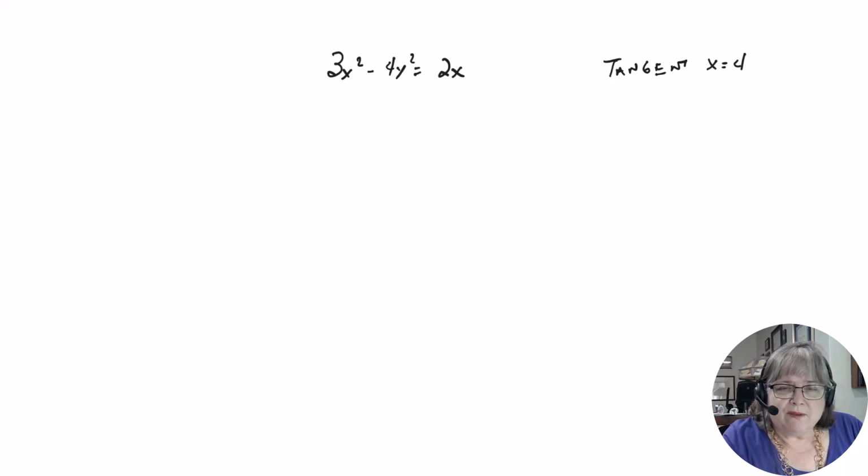The derivative of 3x squared with respect to x is 6x. The derivative of minus 4y squared with respect to x is minus 8y dy/dx. And the derivative of 2x with respect to x is 2.